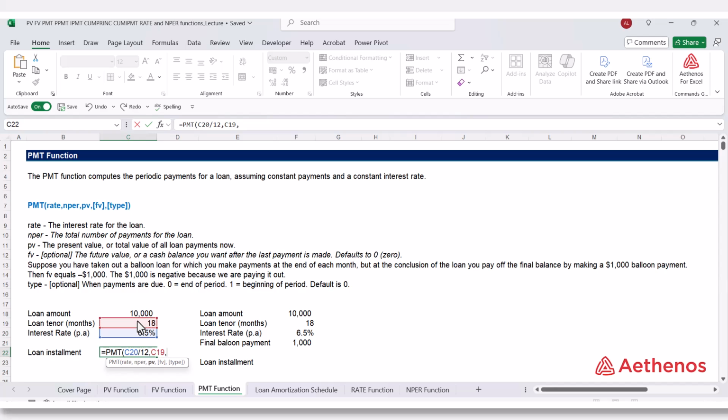And the present value is the amount we are going to borrow, that is 10,000. And future value is going to be 0 because we are not going to have any balance at the end. And the type is end of the period, so we put 0 and enter.